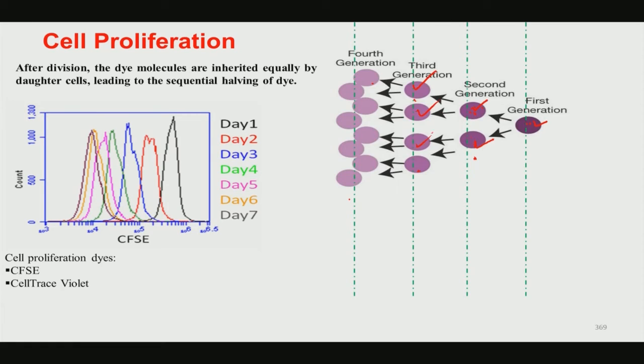When it goes to 4, it will be halved again. So it will be 1 by 2, 1 by 2, 1 by 2, like that the intensity will be reduced, and the sequential halving of the dye will tell you that cells are proliferating at different time points in the culture. So this is a certain rationale. You have to know a little bit of biology, and you have to see how to read this kind of data to interpret what kind of cell fate processes the cell is undergoing.